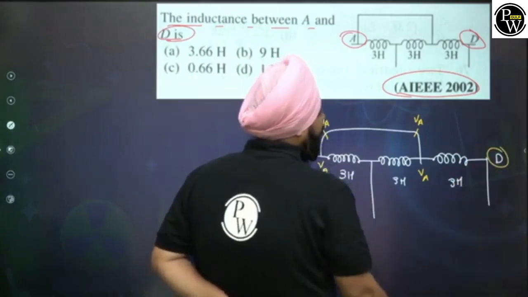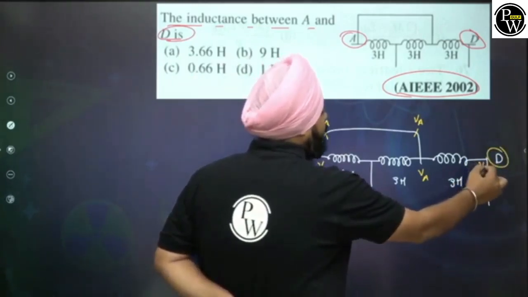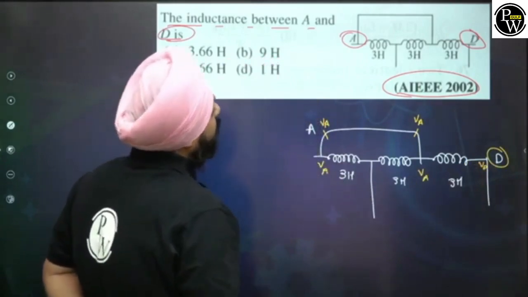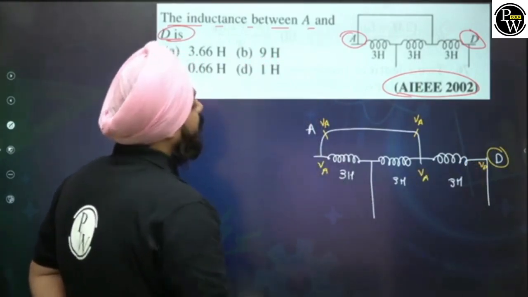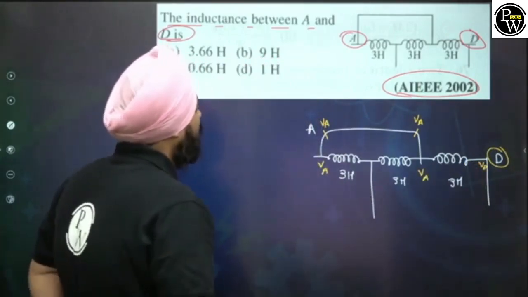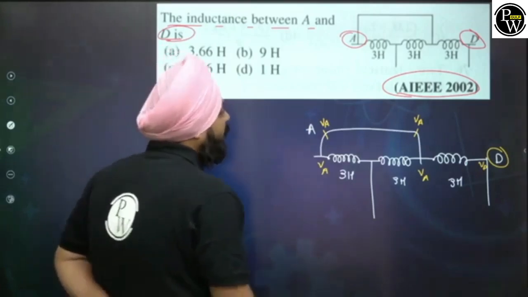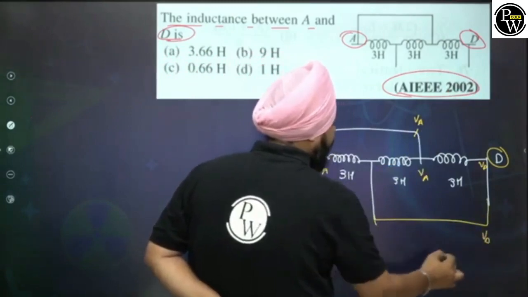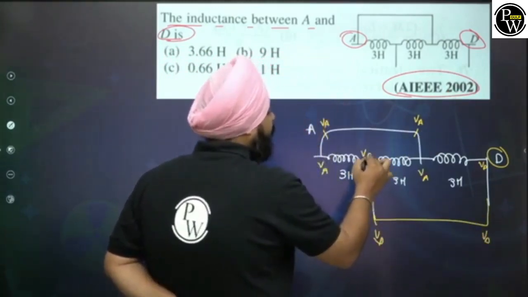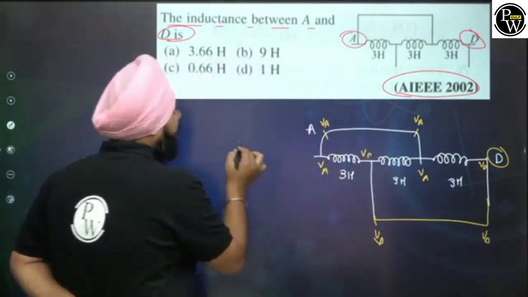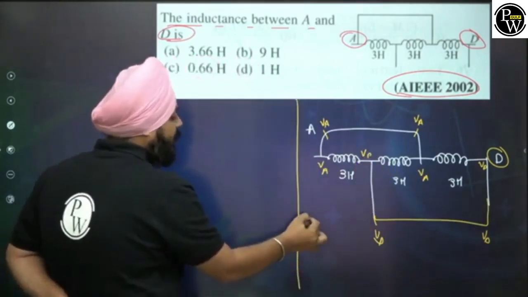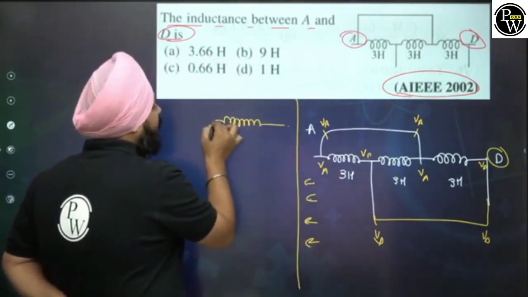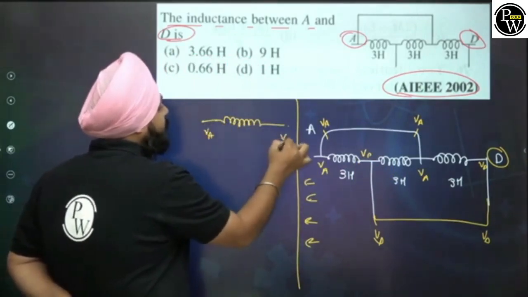That is D. Here the potential is VD. Are we having any kind of circuit element? But we don't need that, right? We don't need that, because even if it is connected now, it is VD and VD. So if I am talking about the three inductors, the first inductor has the potential difference VA minus VD.